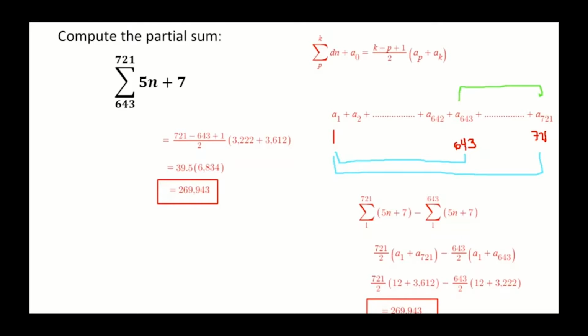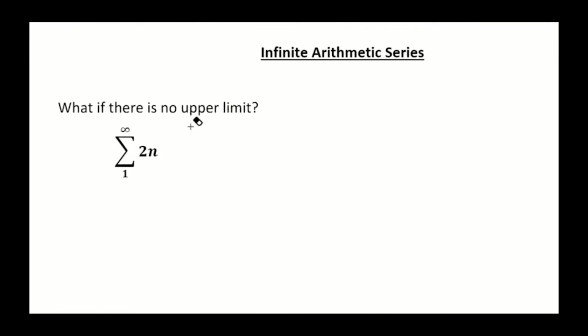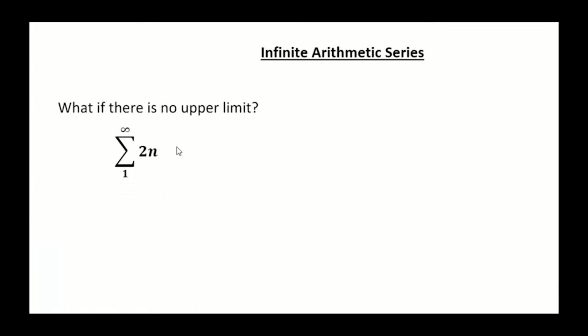Now, so far we've looked at finite series, but what about an infinite series? What if there's no upper limit here, where it just goes on forever? Well, let's think about what would happen here in an arithmetic series. If I want to find the infinite series of 2n from 1 to infinity, to get an idea of what's happening, I could just start plugging numbers in. So if I plug in 1, I get 2. And the rest of this sequence should be pretty obvious, right?